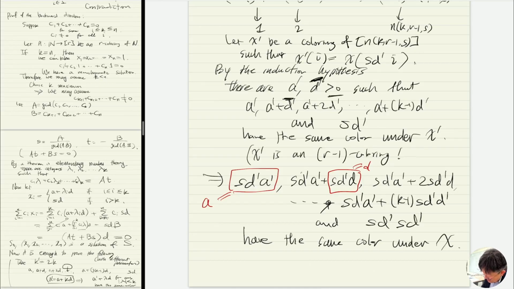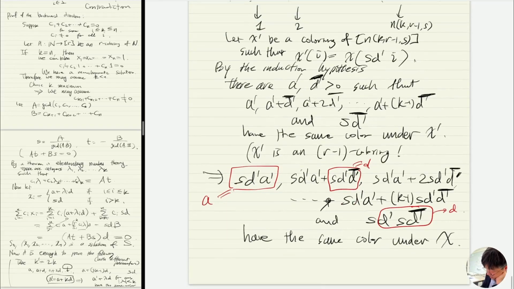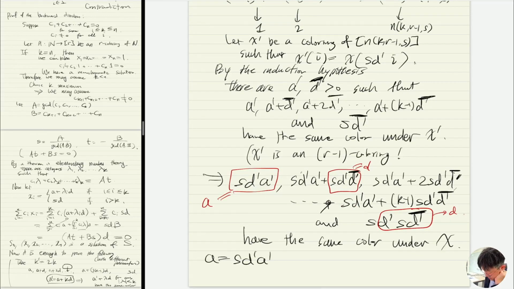D prime bar. So s d prime d prime bar is D. Yeah, so this is my D. So that means take A to be s d prime a prime and D to be s d prime d prime bar. Does this work?